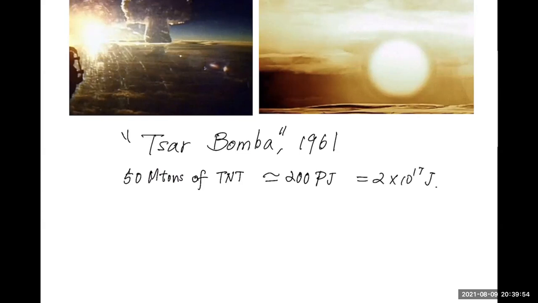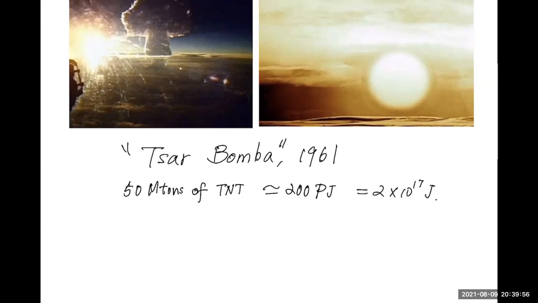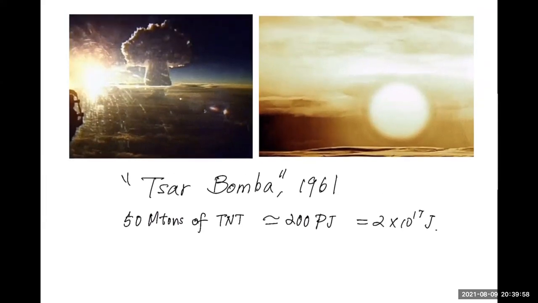Now that's a lot of energy released in a single blast. This was the picture taken by the pilot of the bomber that actually dropped this bomb over the sky of Siberia.